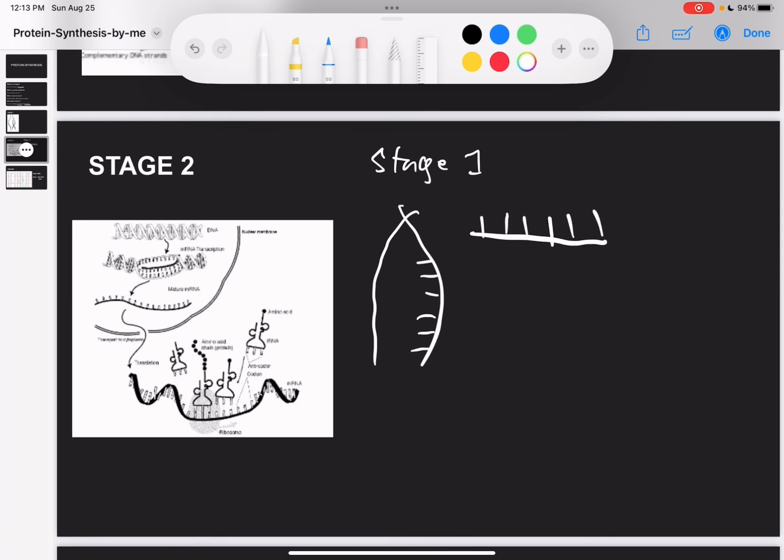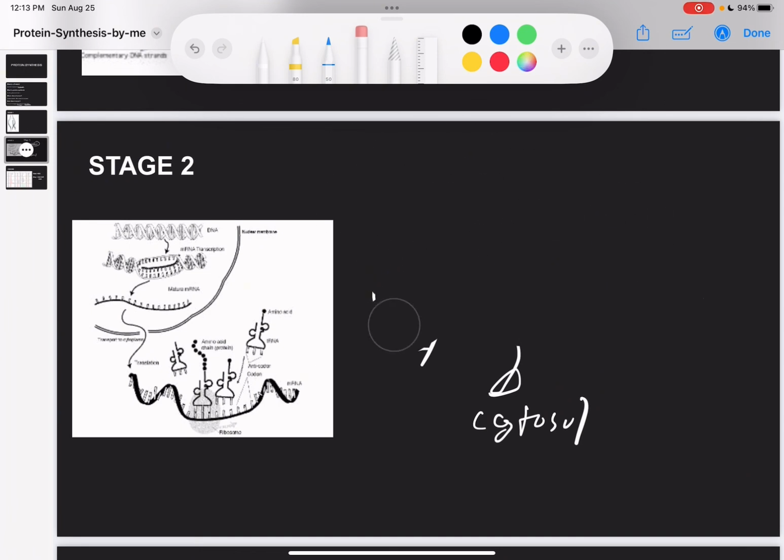Once you have your mRNA strand, it will then be read again by enzymes that will remove the intron portions, the non-coding portions, the useless information, so that it can then leave into the cytosol, and then stage 2 begins. There, ribosomes will surround your exon-only mRNA until it reads for a start codon, which is AUG.